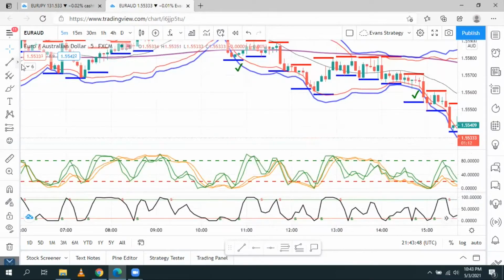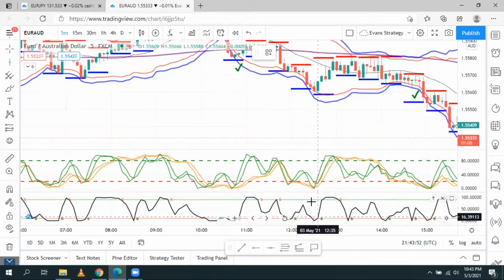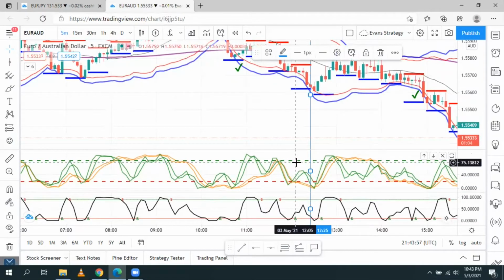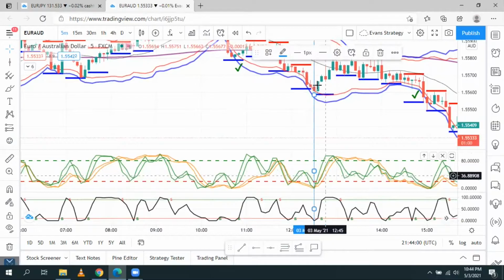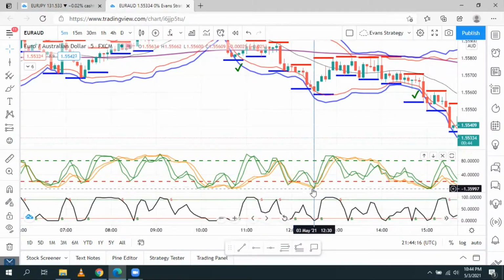So we have this: the market is touching the lower Bollinger Bands, the two stoch RSI have crossed down, the DMI stochastic has crossed down. So now we are expecting a reversal.